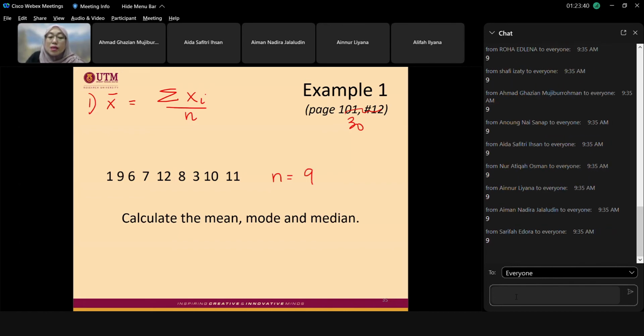So we have 9 values here. So we need to sum all these numbers, 1 plus 9 plus 6 plus 7 plus, until plus 11. And then we divide by 9.